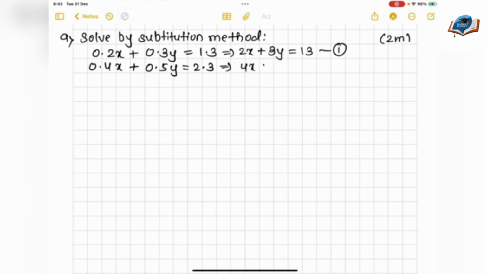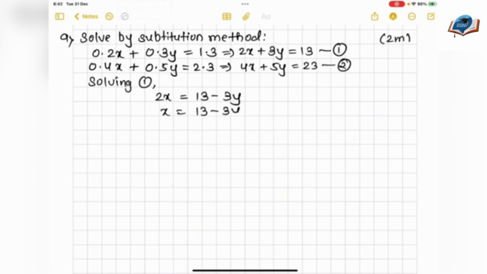And the second will be 4x plus 5y equal to 23. Now, solving 1, I will have 2x equal to 13 minus 3y. So x equal to 13 minus 3y upon 2. Let me give this as number 3.